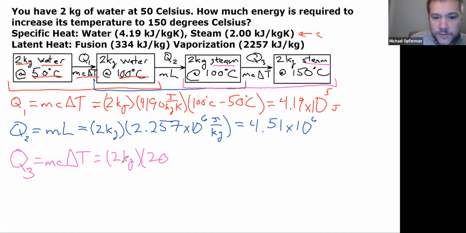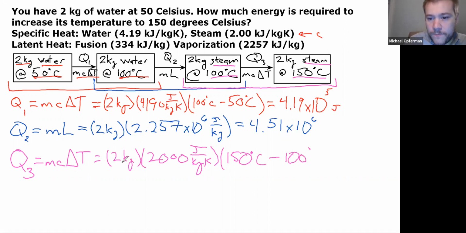So that's 2,000 joules per kilogram Kelvin. And my delta T, my final is 150. My initial is 100. So 2 times 2,000 times 50 is 2.00 times 10 to the 1, 2, 3, 4, 5.